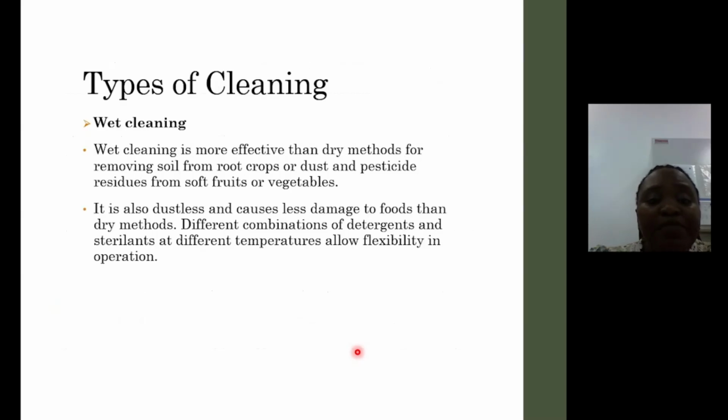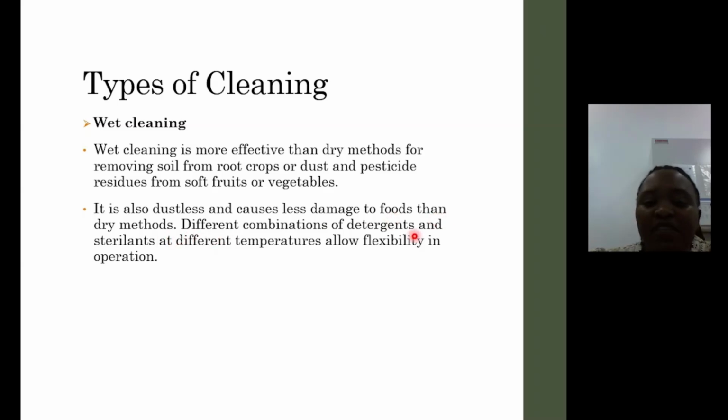We have different types of cleaning. We have wet cleaning, which is more effective than dry methods for removal of soil from root crops or dust and pesticide residues from soft fruits and vegetables. It is also dustless and causes less damage to foods than dry cleaning.